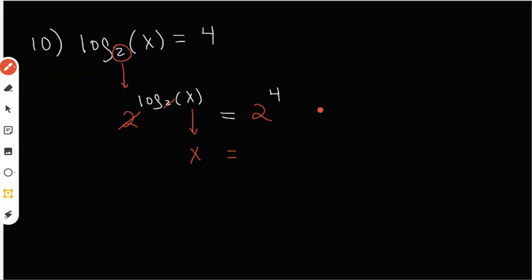So what's 2 to the 4th power? That would be 2 times 2 times 2 times 2. That gives us 2 times 2 is 4. These give us 4, and then 4 times 4 is going to give us that 16 for my answer. So I know that X is going to be 16, and I put that inside my solution set.